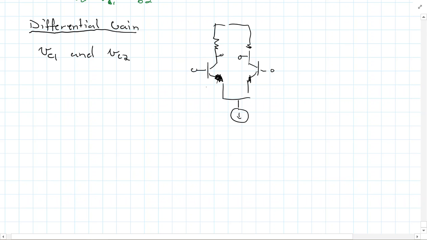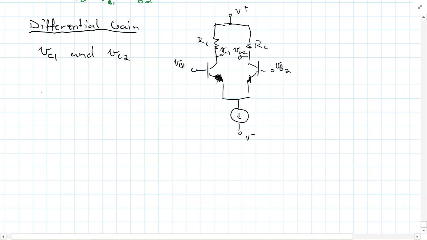I'm not even going to sketch everything in here. So V plus, V minus, RC, RC, VB1, VB2, and then this is VC1, VC2. Okay, so that's just a quick sketch of what we have here.